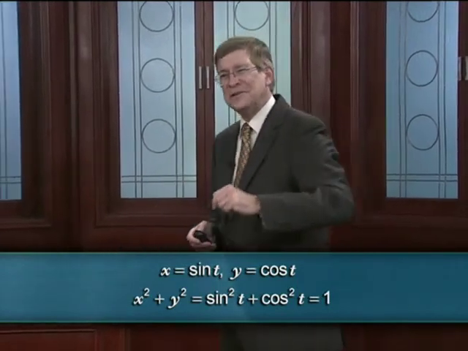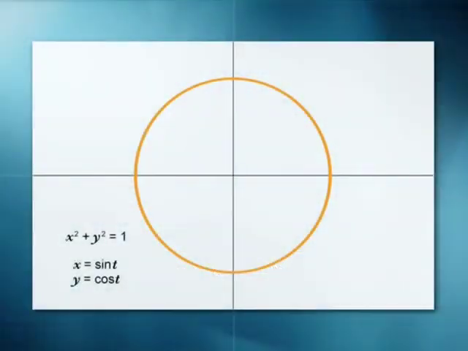What's the orientation of this circle, though? Here's a picture of it, but what's its orientation? We've lost the orientation when we eliminated the parameter, but we can check it by going back to the original equations. When t is 0, where are we on that circle? Well, when t is 0, x is 0 and y is 1. So we're at the point when x is 0 and y is 1, we're up at the top.